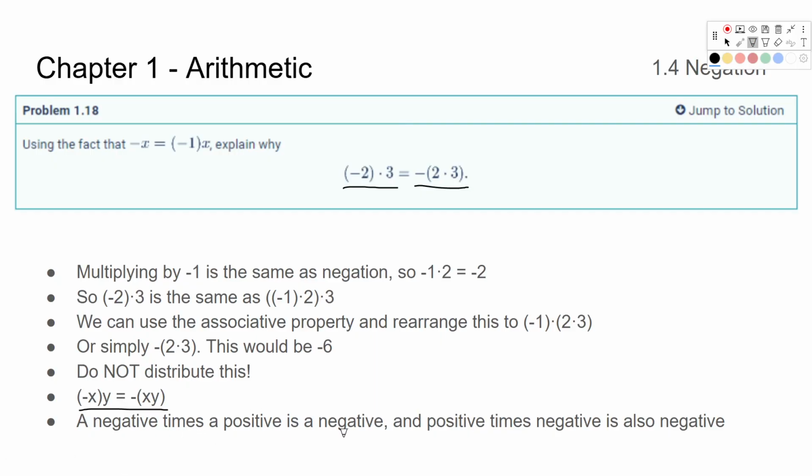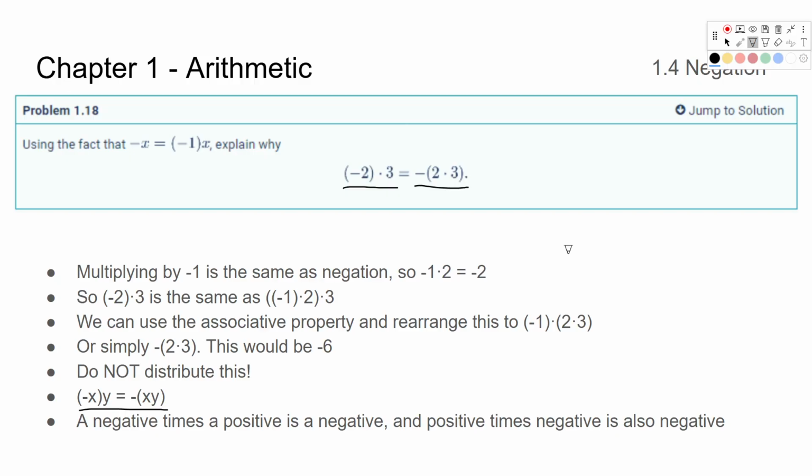So a negative times a positive is a negative, and a positive times a negative is also negative. So this would be the same thing if it was +2 times -3. We could ultimately extract that -1 outside of the equation, and then it would also be a negative number. So the whole point of this is negative times a positive will also always be a negative, just like a positive times a negative will always be a negative.